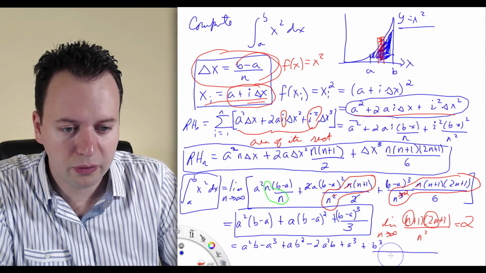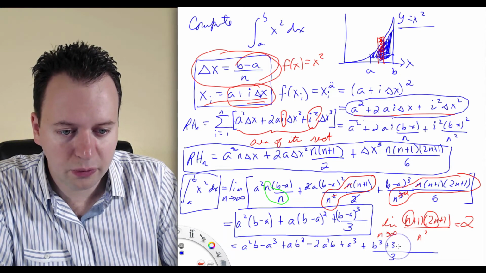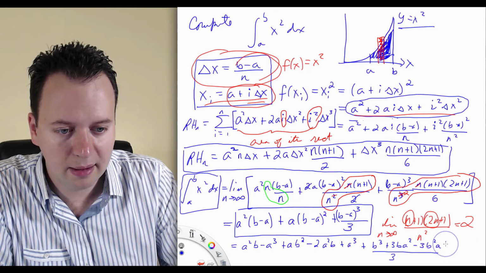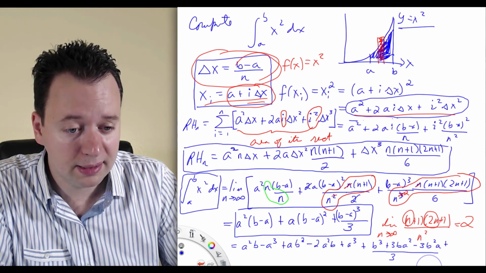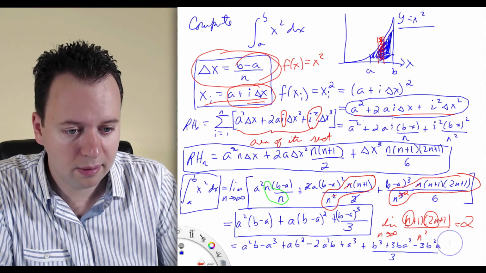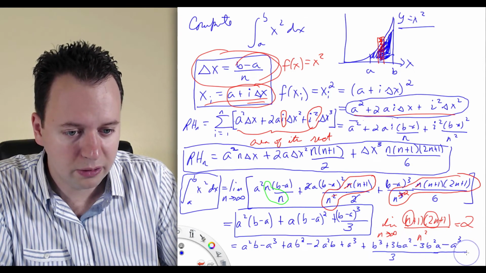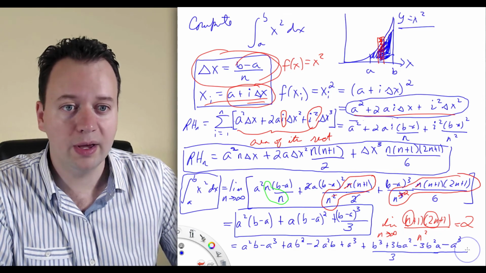This is all over 3. So I get b cubed plus 3ba squared minus 3b squared a plus minus a cubed all over 3, just like that. So that's what happens when we expand it.